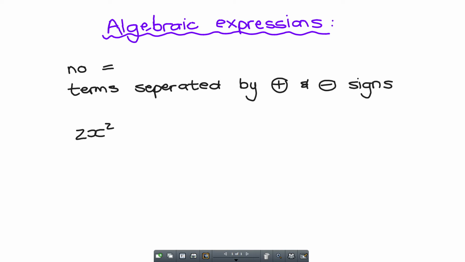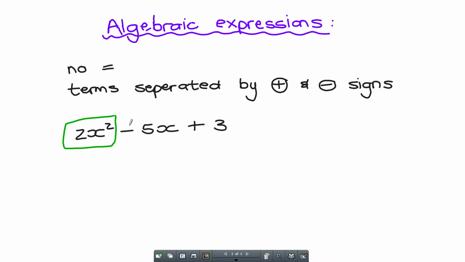Right, so if I were to give you the following, 2x squared minus 5x plus 3. How many terms would there be here? 3. Because term 1 would be this. Now I see a minus, so I know it cuts here, a new term starts.